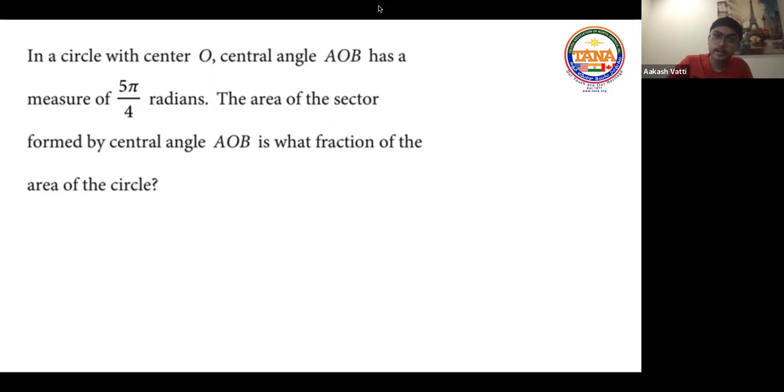All right, I guess I'll do this question now. Since a complete rotation around a circle is 2 pi or 360 degrees, but we don't care about that right now, it's 2 pi, right? And AOB has a measure of 5 pi over 4.